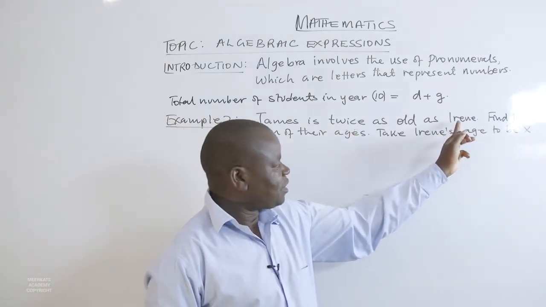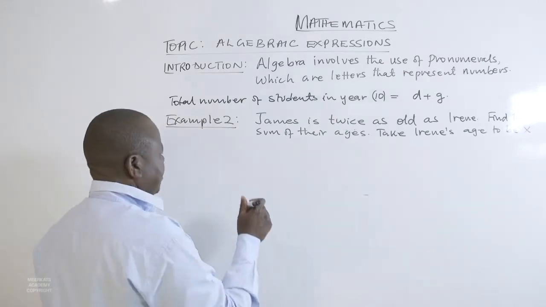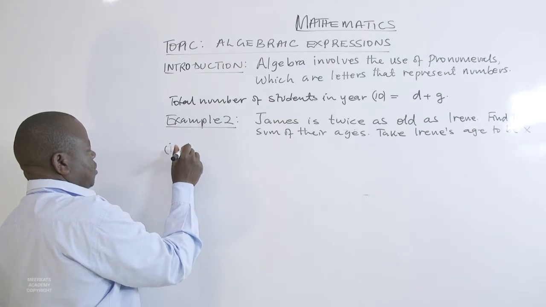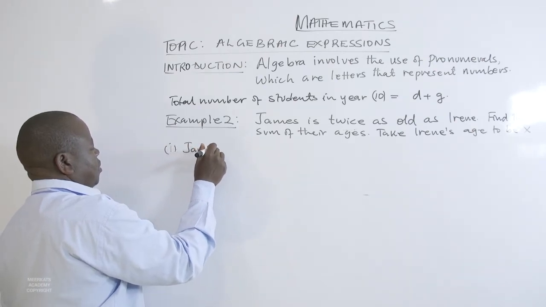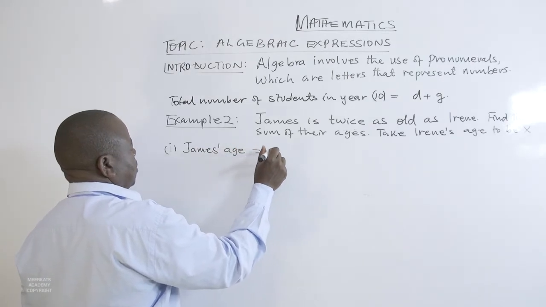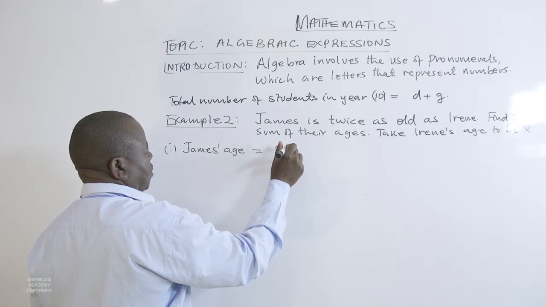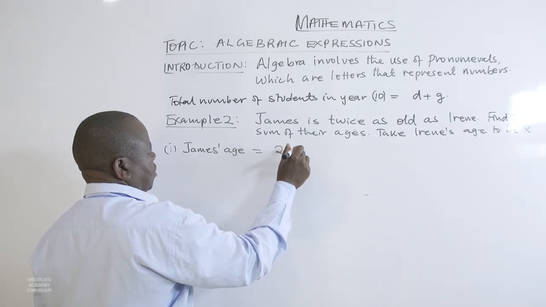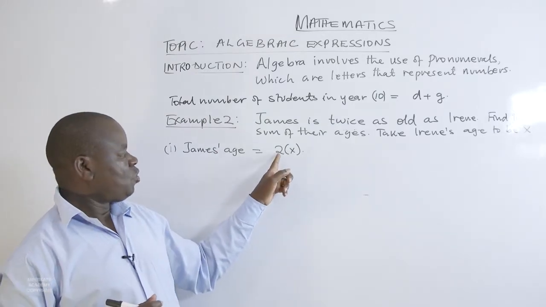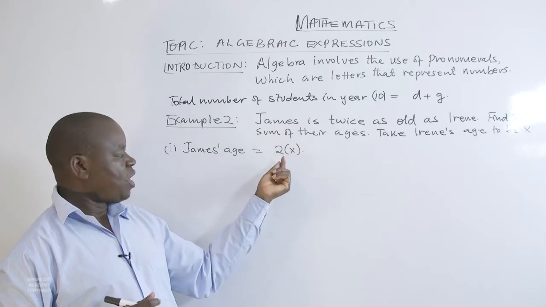You take Irene's age and multiply by 2, so 2 multiplied by X. This will be James' age.